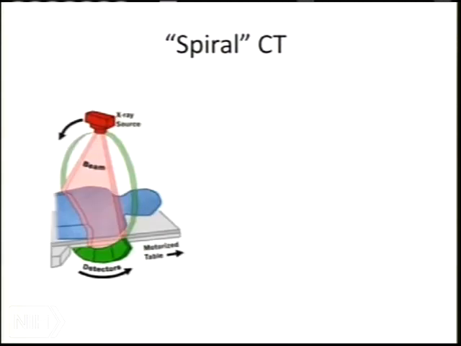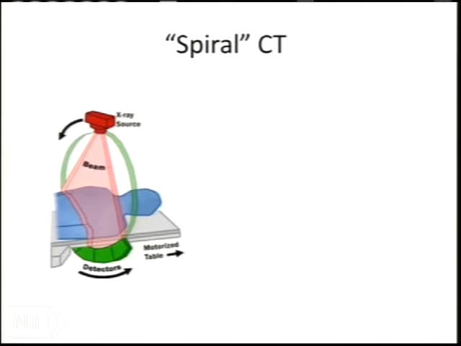Now, you might have heard the term spiral CT or helical CT. Actually, that term is kind of going away as it becomes so standard. But it used to be that we would do one full rotation, then move the patient, and do another full rotation, move the patient, do another one, and then collect the stat. That's not the way it goes anymore.